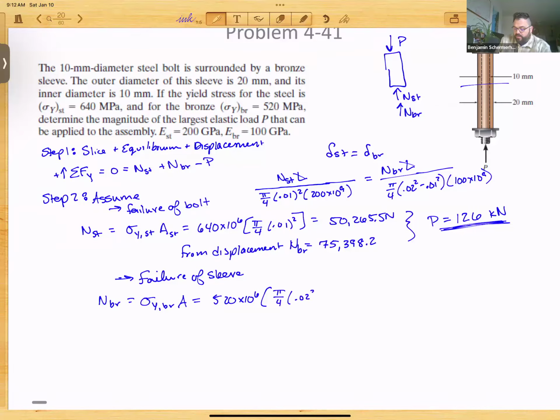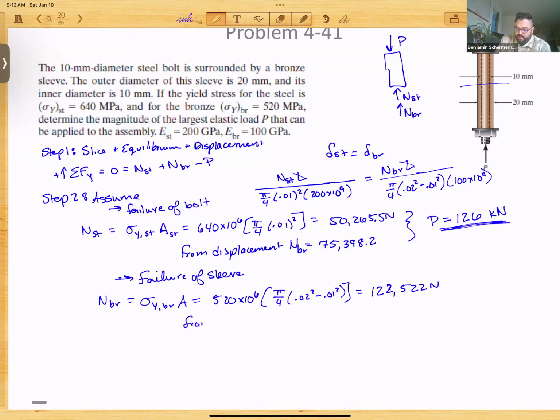We're going to look at 520 times 10 to the 6 multiplied by our area, pi over 4, 0.02 squared minus 0.01 squared. This gives us a normal force in the bronze of 122,1522 newtons.